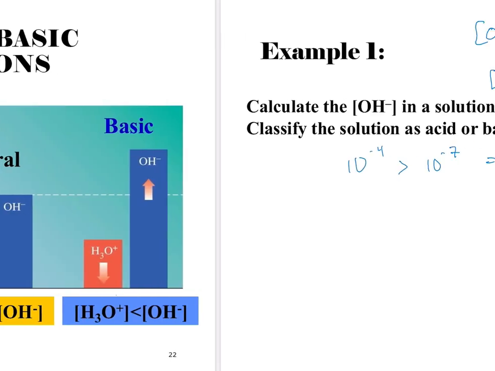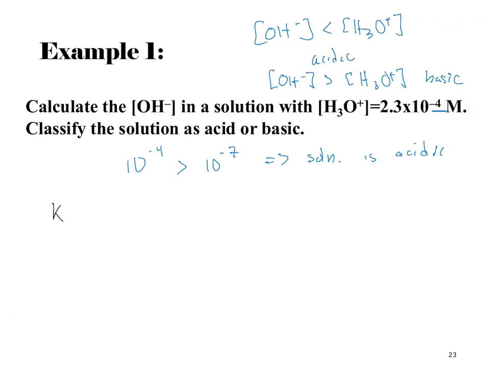So if we have Kw equals H3O plus times OH minus, what values do I have already in this equation? Yep, I have my H3O plus, and then what else do I have? Kw, right?